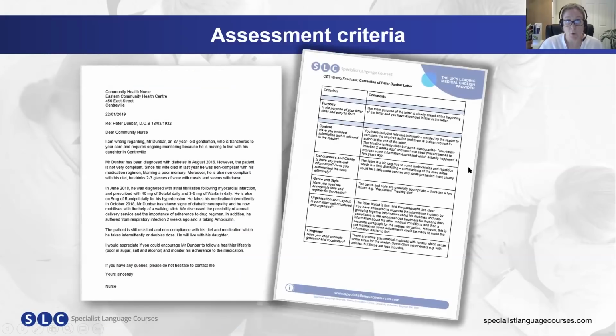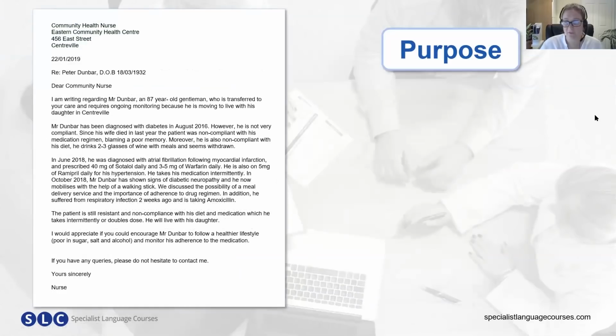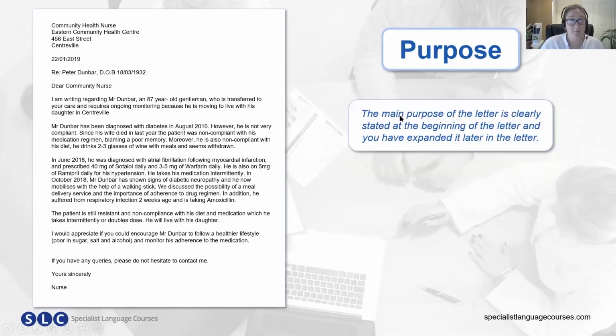So what we do when we provide writing correction service is we send back the letter, and we also send back writing feedback, so specific comments for each of the criterion. So let's have a look at what I gave this student. So for purpose, the main purpose of the letter, it's clearly stated at the beginning of the letter. Yeah, we've got a clear purpose.